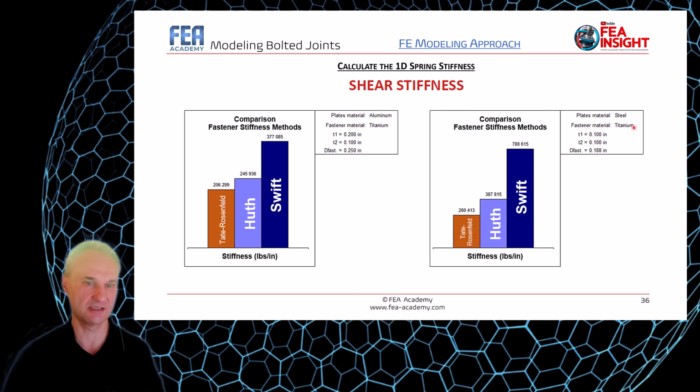So this one is steel-titanium, and this one is aluminum-titanium. You see the variation between Swift and Hutt is significant, while between Tate-Rosenfeld and Hutt it is closer. By experience, the Hutt formulation is the one used most frequently in many industries.